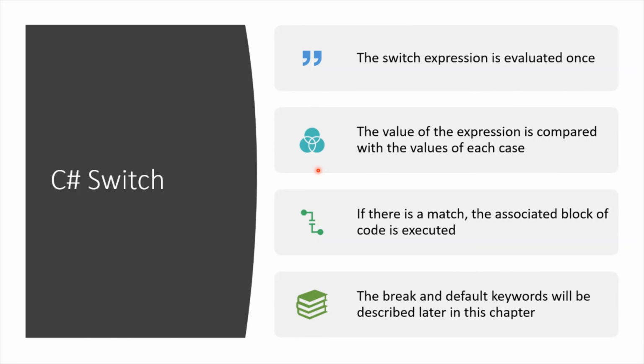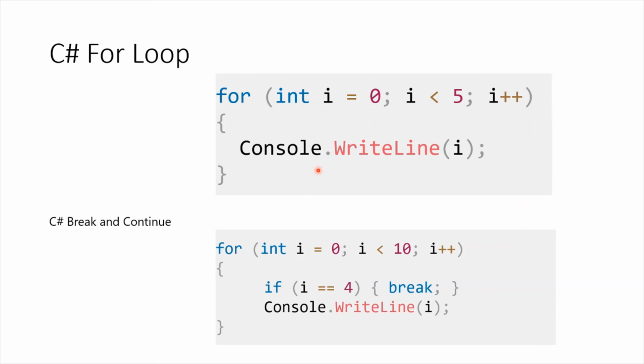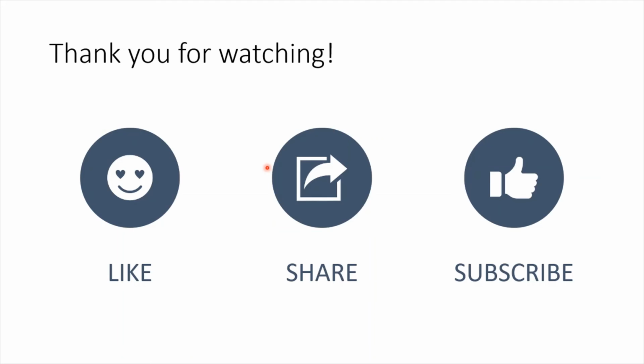We had the example of days with the returning type with switch case statements. Then you have do while loop, you have for loop with break and continue as well, you have arrays, and that's all. So in this video we simply talked about the basic required things for C#.NET programming.